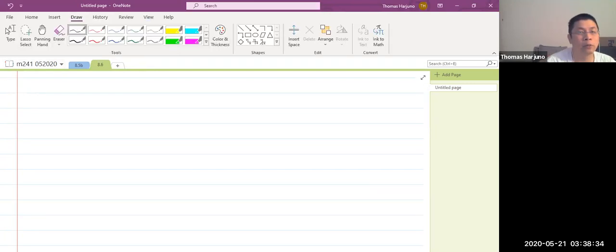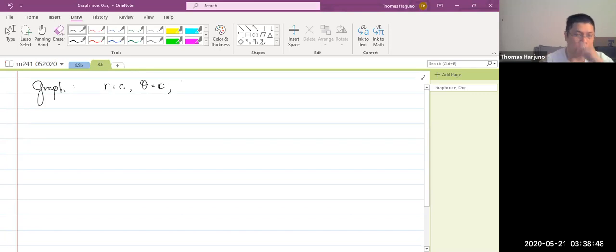For example, we already graphed r equals a constant, theta equals a constant, r equals some number times sine theta, and r equals some number times cosine theta. But we want to graph more.